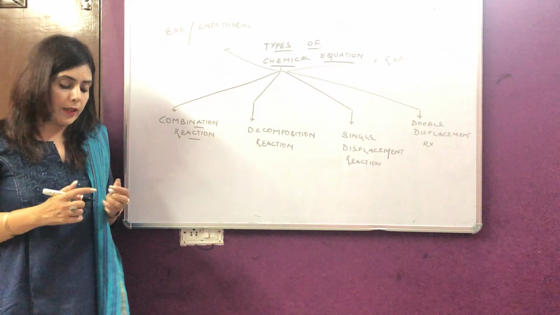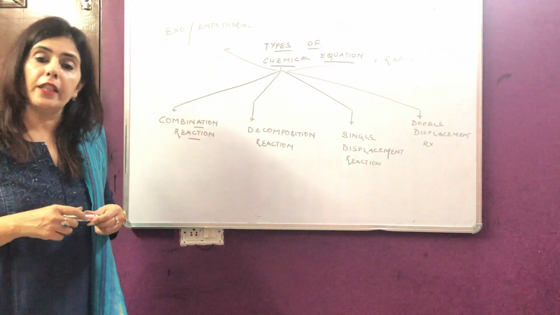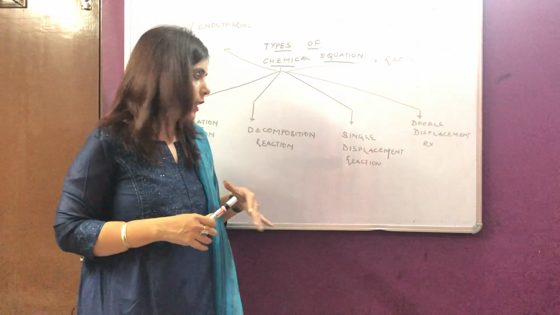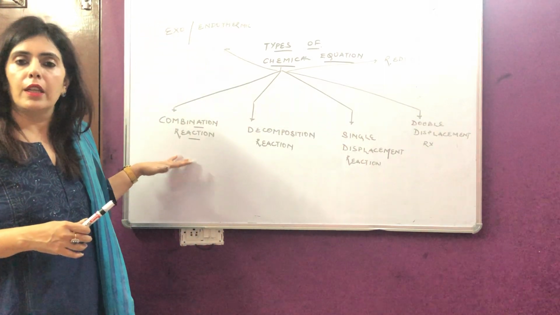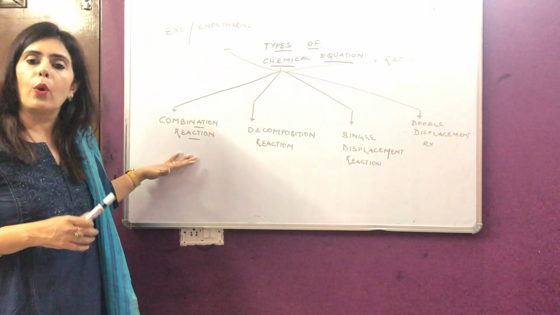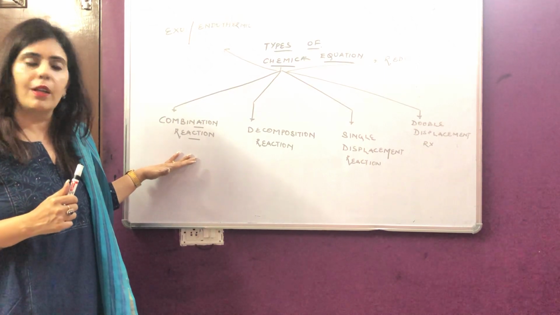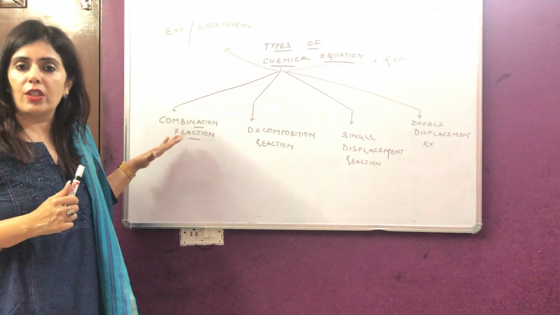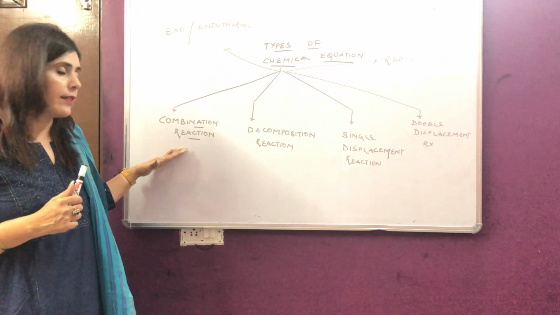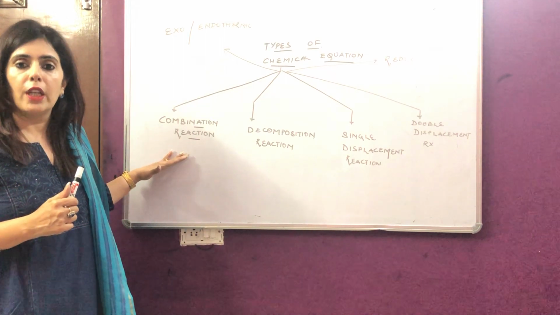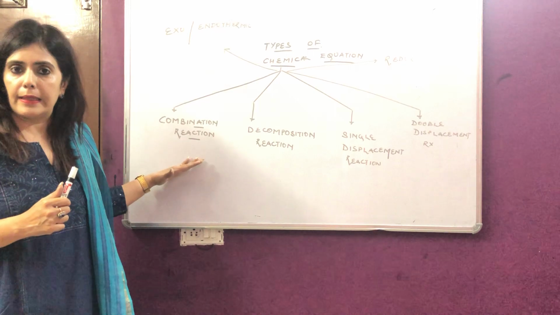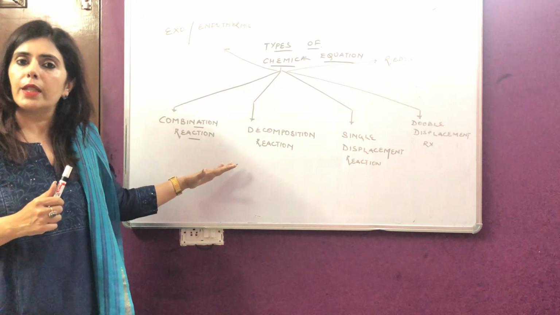So, let us start with defining each one of them. Now I'm going to dictate the definitions. So, combination reactions. I hope everyone is ready with their pens and pencils and their notebooks. The combination reactions are defined as reactions in which two or more reactants combine to give a single product.